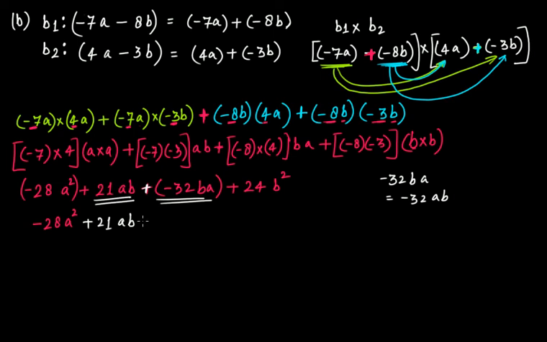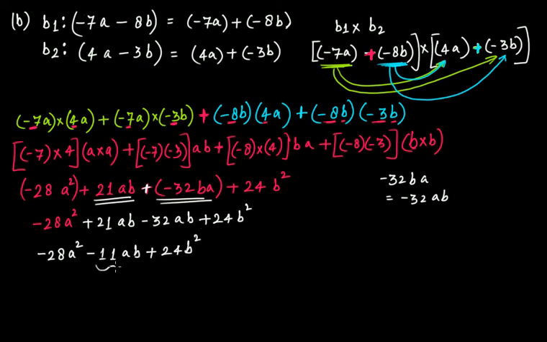If you open the bracket, this becomes minus 32AB plus 24B squared. Now this is minus 28A squared, 21AB minus 32AB. So minus 32 plus 21 is equal to minus 11. So this is minus 11AB, and this is plus 24B squared.